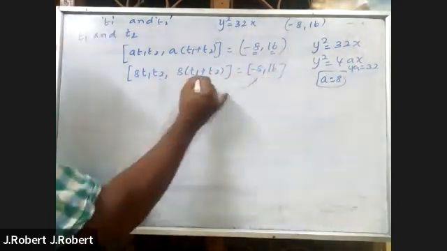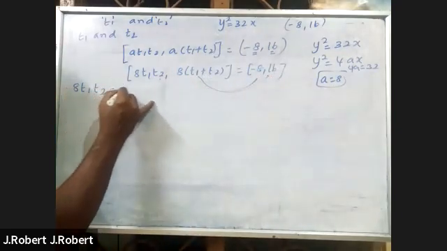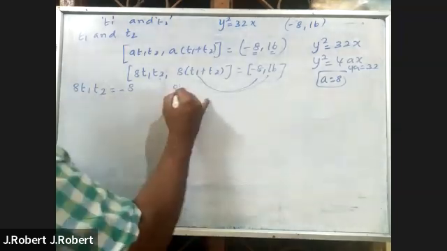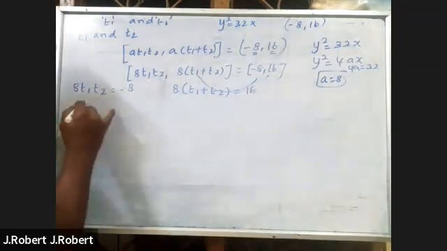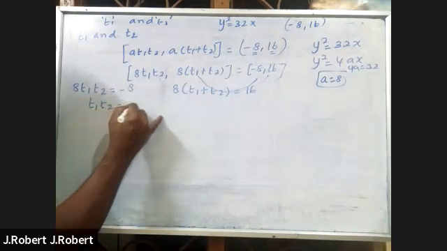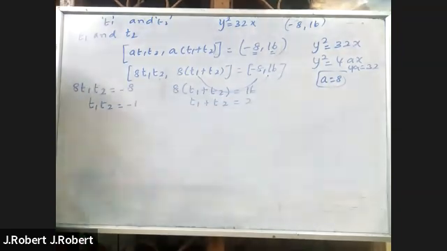Now compare the x coordinate and y coordinate. We get 8 T1 T2 equals minus 8. The next one, a into T1 plus T2 equals 16. From this, we get T1 T2 equals minus 1 and T1 plus T2 equals 2. Is it right? So we have found the values.